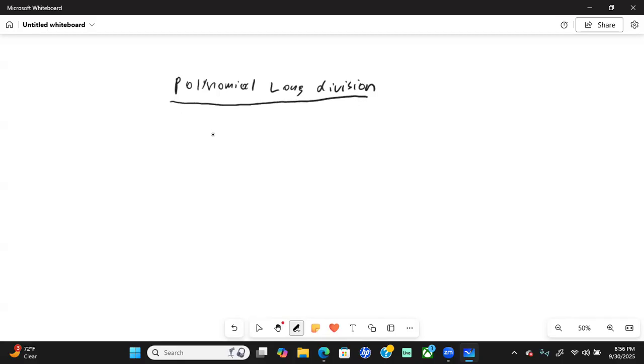All I'm going to do is take what I know about long division, which I'm now going to abbreviate by LD, and apply it to polynomials. Well, for polynomials, I know how to add, subtract, and multiply, which is everything that we need for long division.